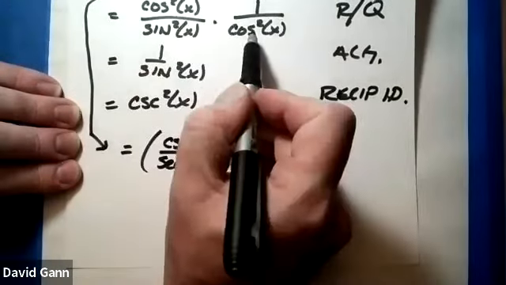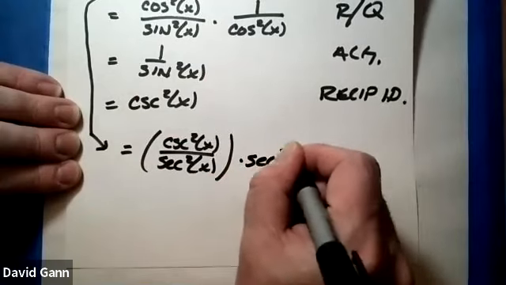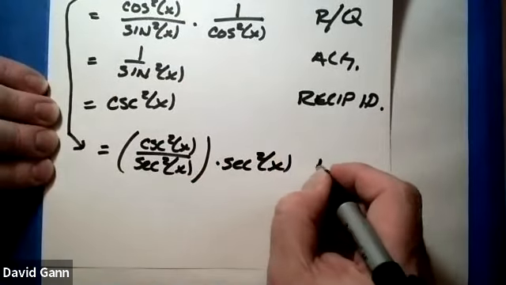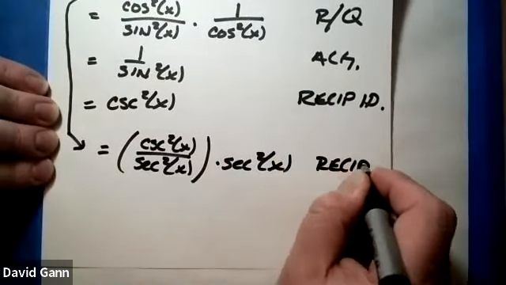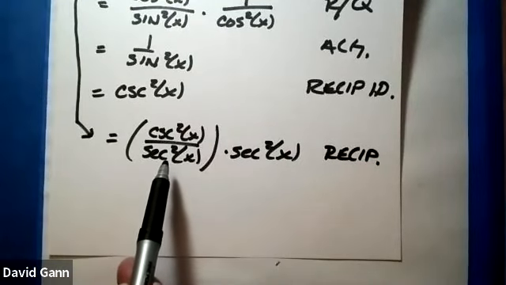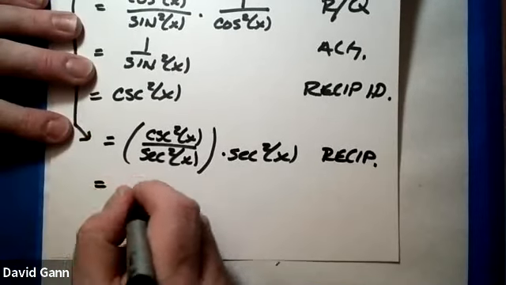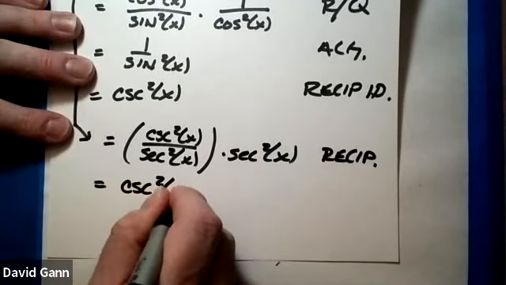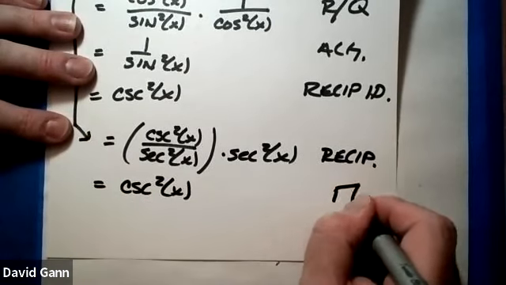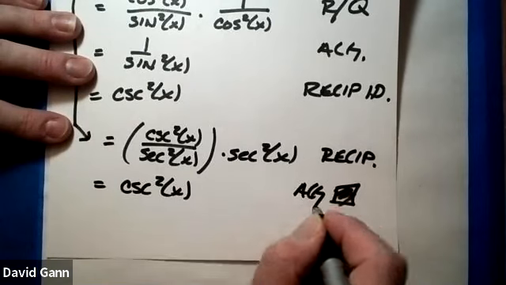And then I'm multiplying this by secant squared. This is now a reciprocal identity, right? And the cancellation is obvious. We have secant squared in a denominator, secant squared in a numerator. The net result is cosecant squared of x. And this proof is done, right? This is just an algebraic process.